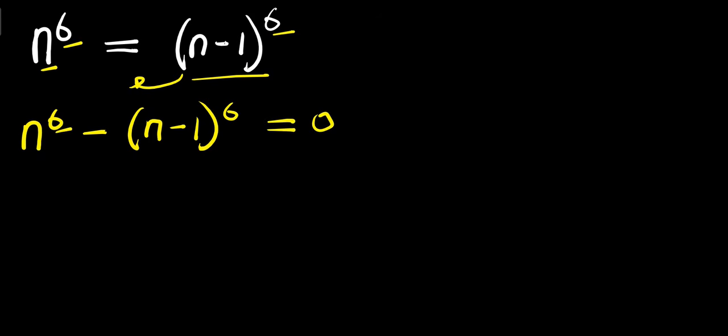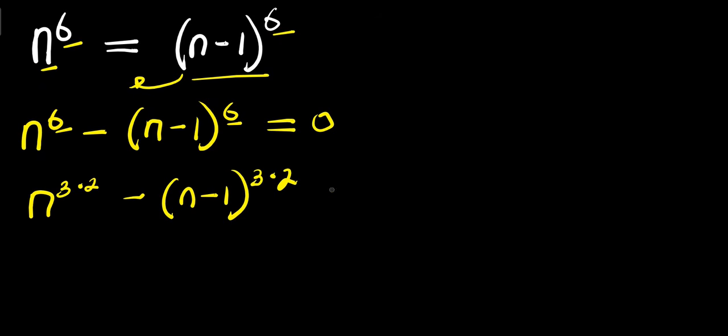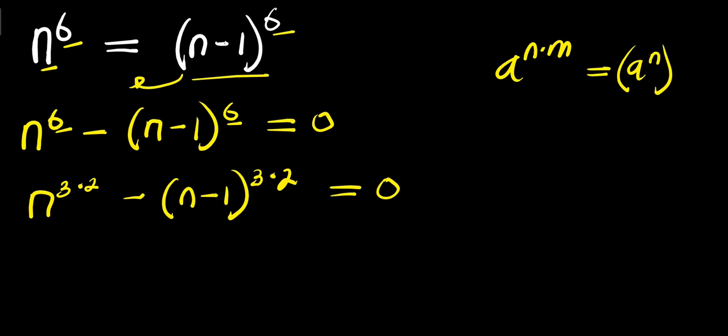Now we have power 6 here, and power 6 here. We can express this 6 as a product of 3 and 2. We have n^(3×2) minus (n − 1)^(3×2), and this equals 0. Now, if you have a^m to the power n, this equals a^(m×n).